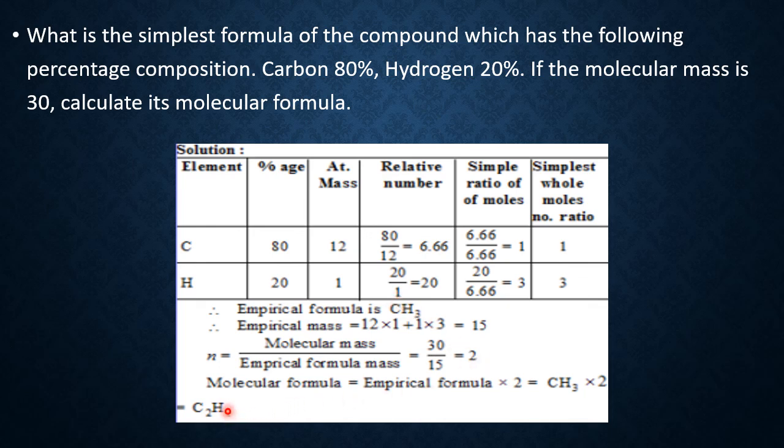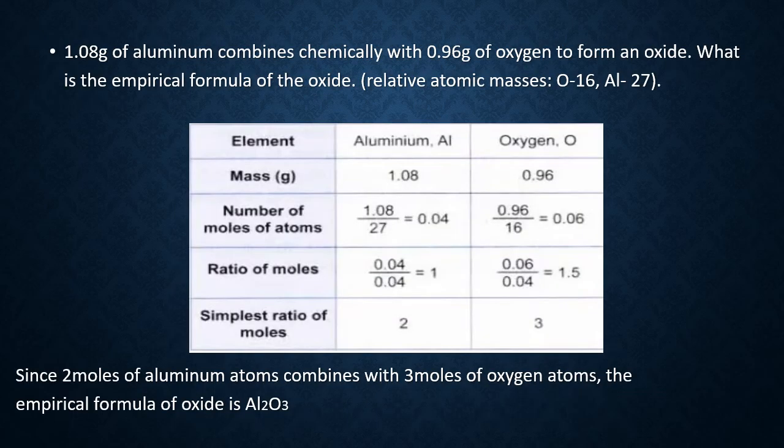Example. 1.08 gram of aluminum combines chemically with 0.96 gram of oxygen to form an oxide. What is the empirical formula of the oxide? Only the empirical formula, right? So these are the two elements I have taken in this horizontal way, and their percentage composition divided by the respective gram atomic mass, we will get 0.04 and 0.06. The least number is 0.04.